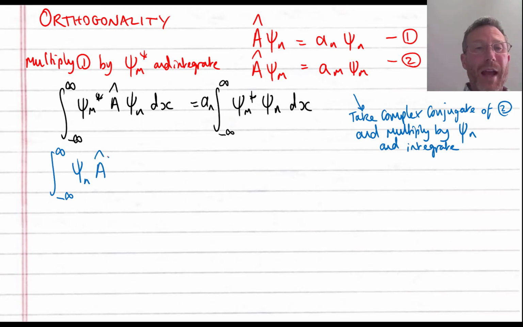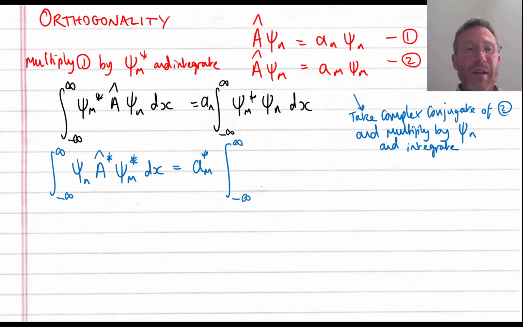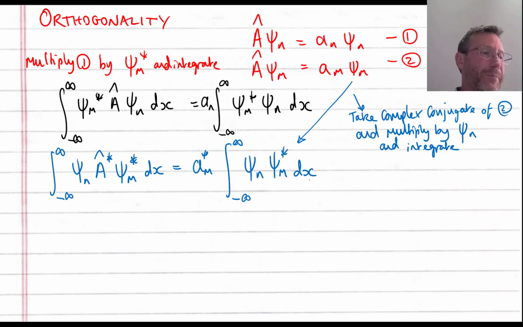So we end up with the integral of a hat star psi m star dx, and that's equal to, well, we've got to have the complex conjugate at the other side. So that's a m star. That's going to come outside of our integral. And of course, inside the integral, we still have the psi n, and we also have the complex conjugate of that psi m, with respect to dx.